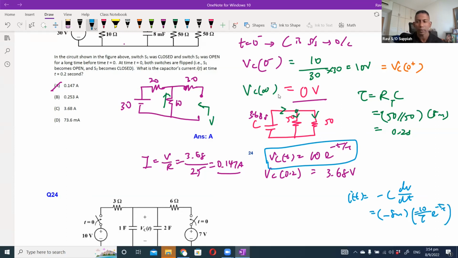When I substitute 0.2 inside, I will get the same answer, 0.147. If you are not familiar or comfortable with differentiation, you can just ignore this. You can still use the same transient expressions to solve for this.